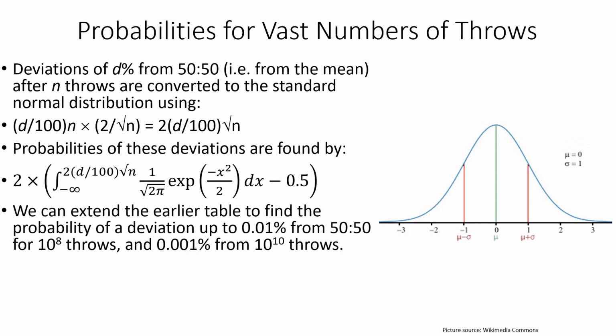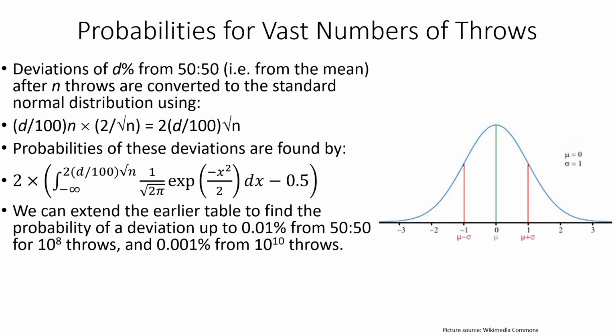And so we find something very neat actually drops out of this when we consider all these deviations. You can see here that in the upper limit of the integral, we've got the factor d, which is our percentage deviation. And we've also got the n, the number of throws, but the number of throws is square rooted.